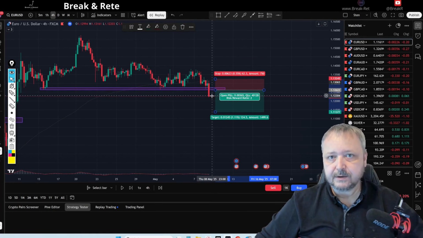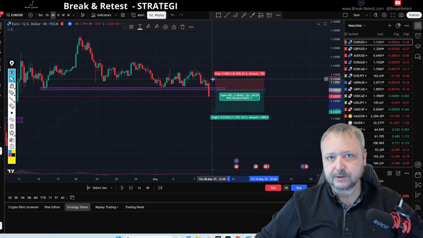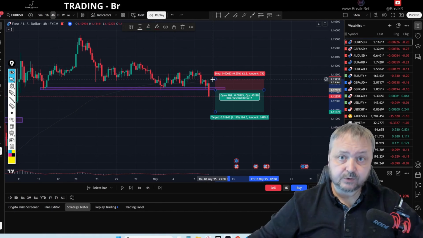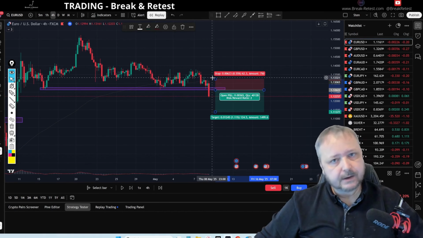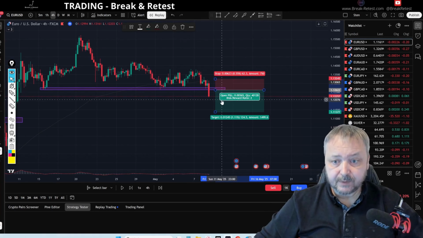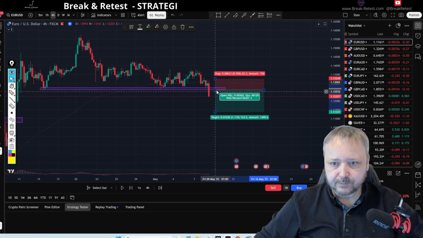Now I want to make sure this isn't a false break, so I don't want to trade right now. I need to wait for a few candles to see if it does a pullback, so that it's not just an immediate return back. Otherwise, it would be a false break, which you'll also find covered in the course. And that's traded a bit differently, mainly in the opposite direction. So we need a few more candles so that the trade takes a few more hours before it triggers our pending order.